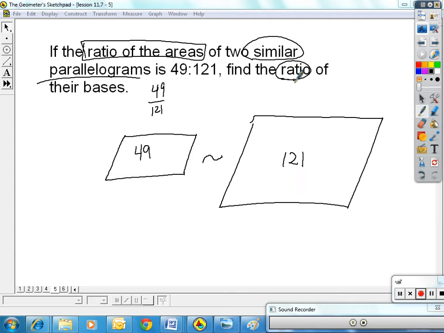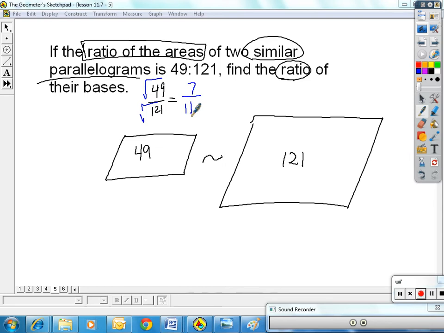So now I've got the ratio of their areas. So what am I going to do? Square root both sides, right? So I have 7 over 11.